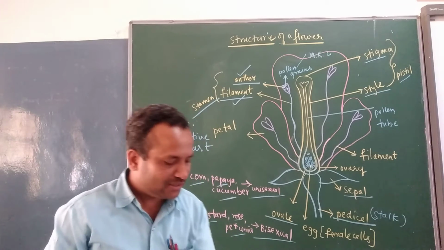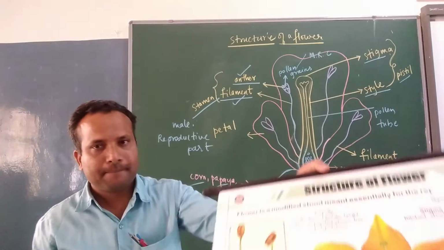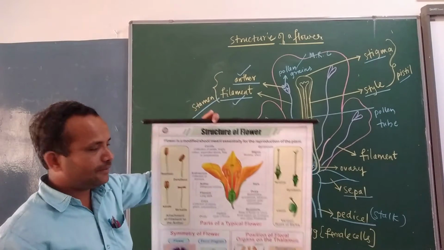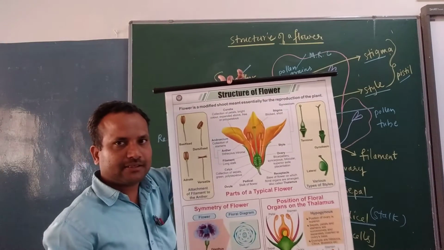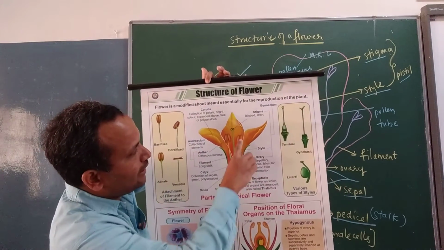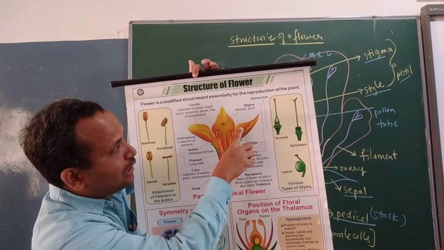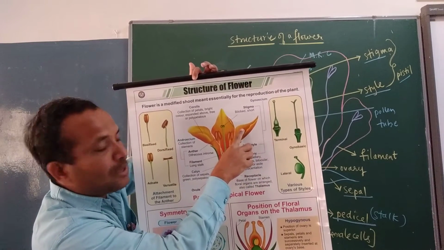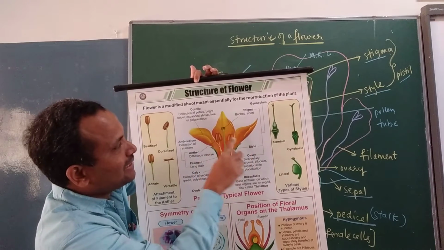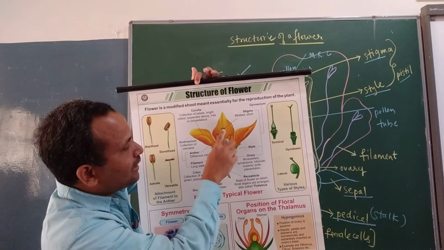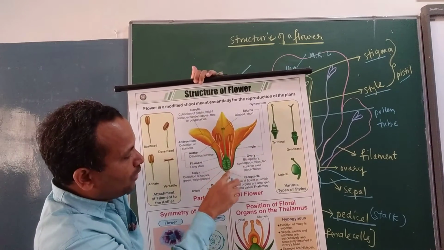So usually, children, if I take a chart, you can see here the yellow color part. This yellow part is nothing but the petals. After petals, let me come towards this ovary part.